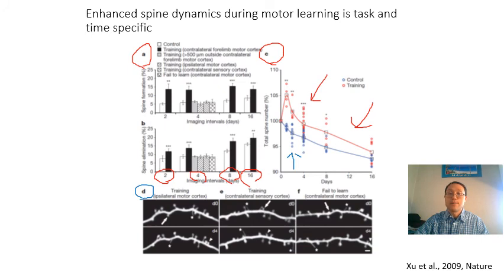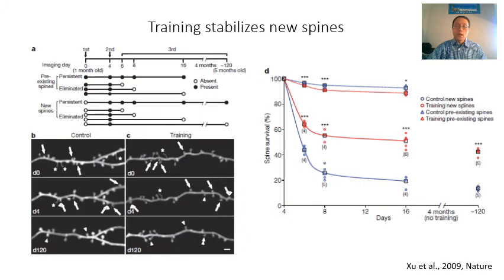dendritic spines. Okay. So the next thing they wanted to do is to look at the fate of these new spines and how they differ in the animals that went through motor learning and the ones that did not go through motor learning. So they categorized the dendritic spines into two main classes. They have the pre-existing spines that you see here, and then they have the new spines that you see in here.